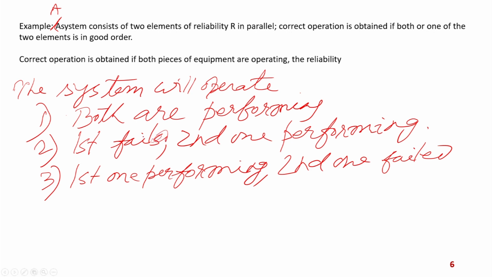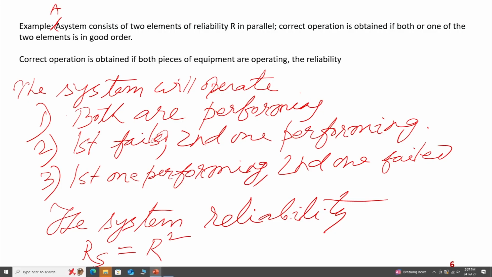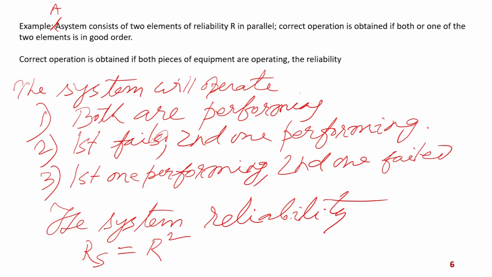Under that condition I can write the system reliability. The system reliability R_S will be equal to R squared, where I am considering R as the reliability which is common for both elements.